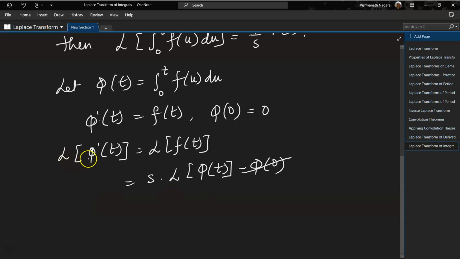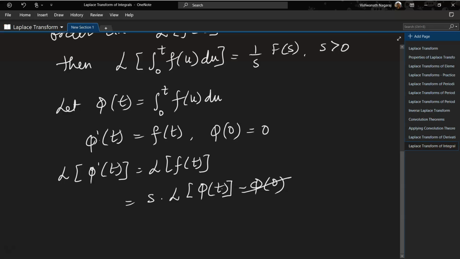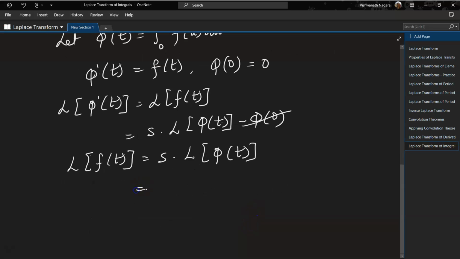Now the Laplace transform of phi prime of t is equal to what? Phi prime of t is nothing but f of t. So which means we can write it as Laplace of f of t is equal to s times Laplace of phi of t.